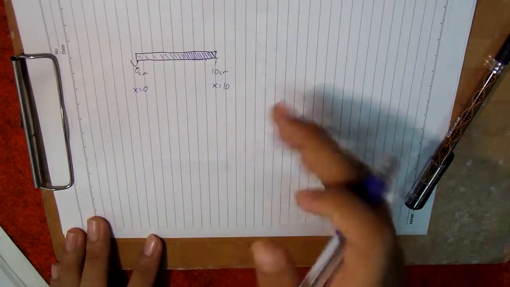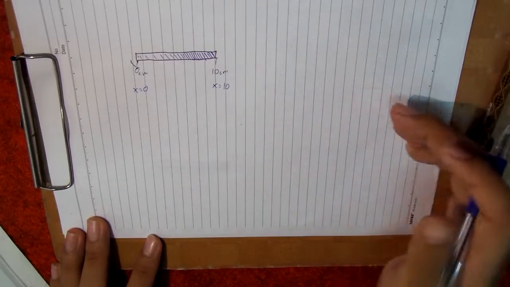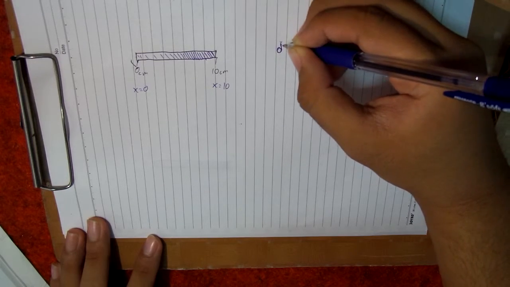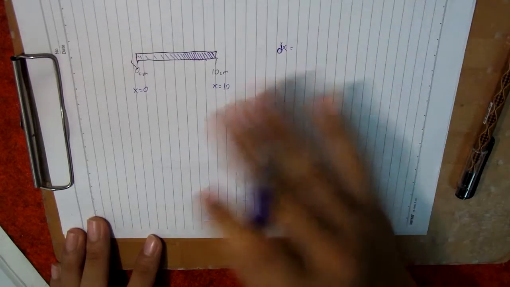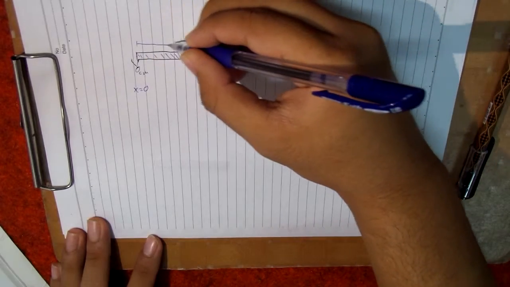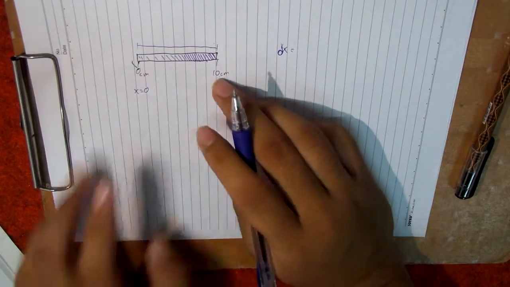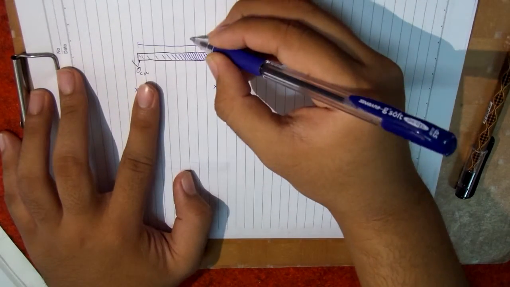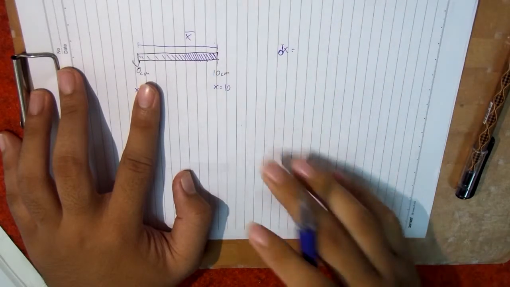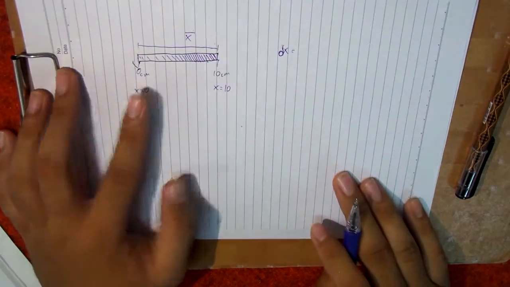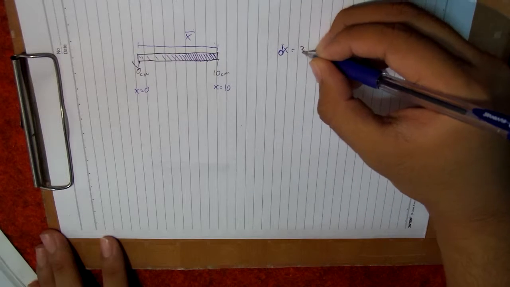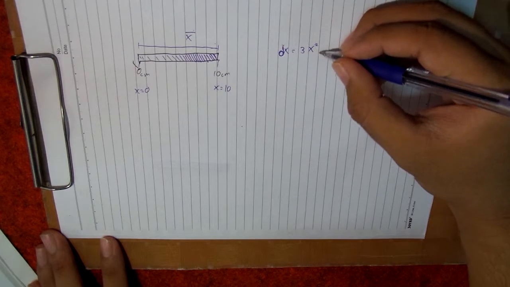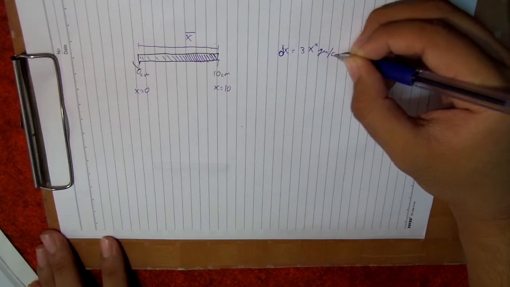And from the slide, the density, or delta x, at some point in the wire, we can set as x bar, is 3x to the power of 2 grams per centimeter.